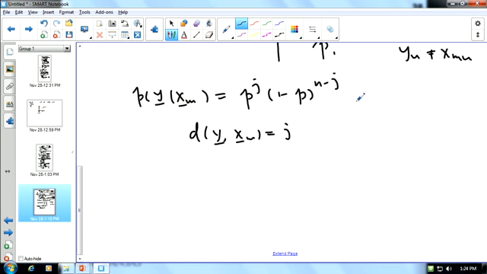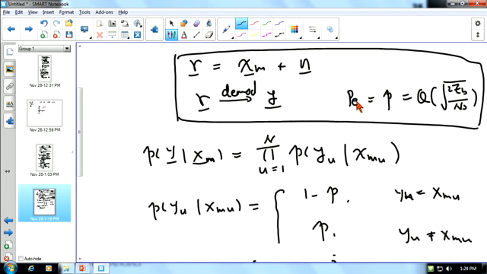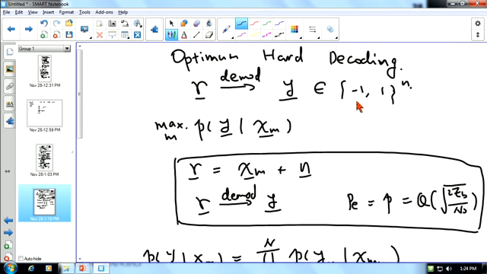So every element in y is either 1 or negative 1, because we do demodulation, or you can do 1 or 0. Because we had xm, every element of xm is 1 or negative 1. It's simple.